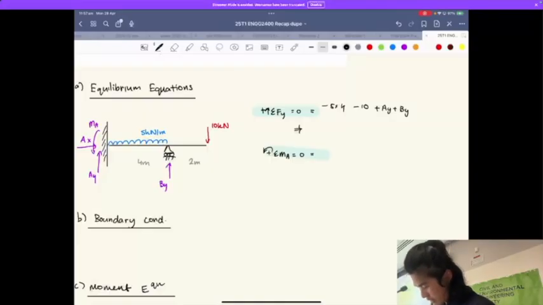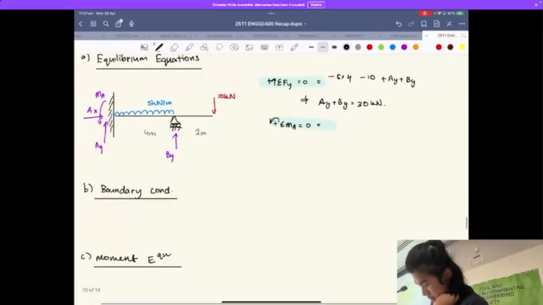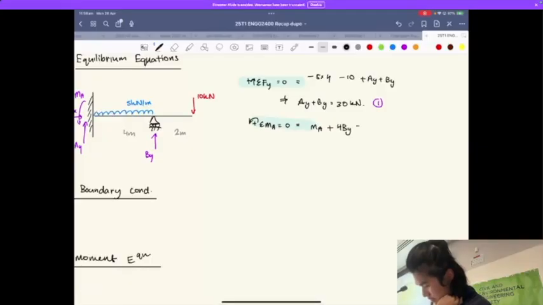And then Ay plus By is equal to 30. So that's going to be your equation 1. Then for Ma equal to 0, you get Ma plus 4By minus 10 times 6.